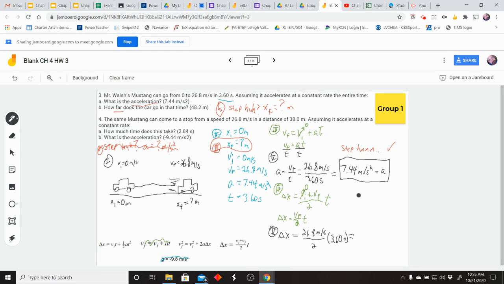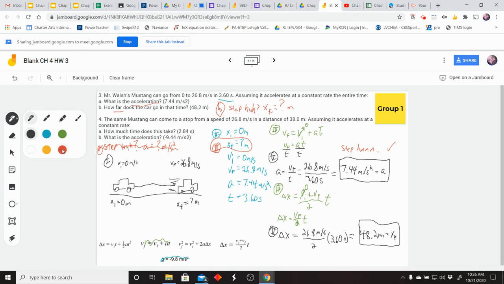So if you ask your calculator for that number, 26.8 times 3.60 divided by 2, it doesn't matter what order you do it in, as long as you're dividing by 2, it is going to give you 48.2 meters. And this is delta x or x final. I'll call it x final this time. So we put a box around it.